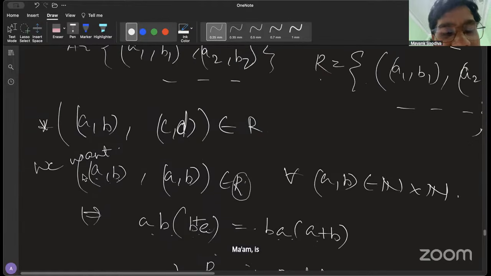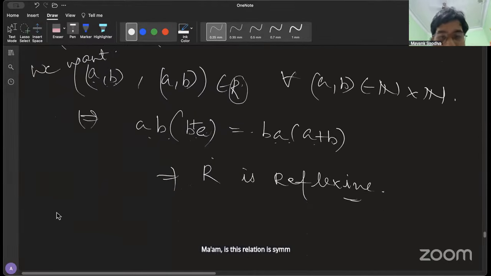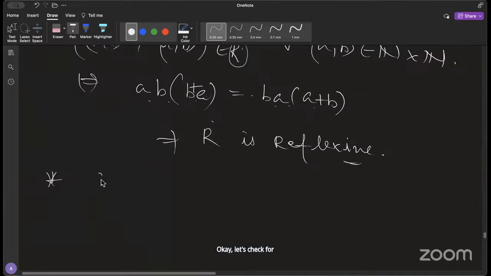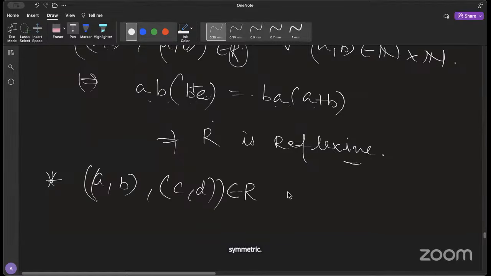Ma'am, is this relation symmetric also? Okay, let's check for symmetry. For symmetry, you want that if AB and CD are in R, then this should imply that CD and AB are also in R, right?